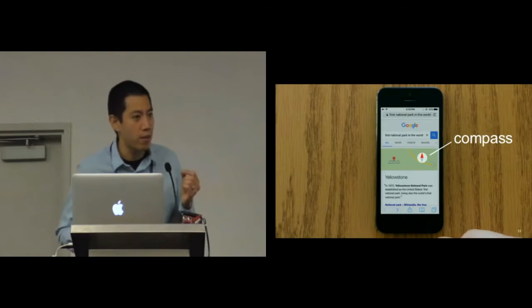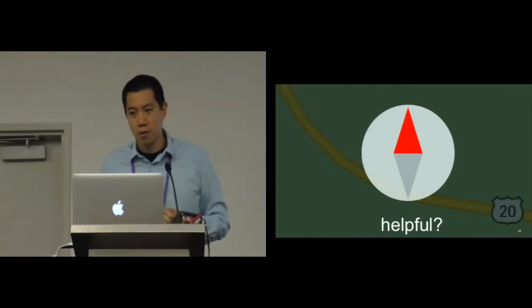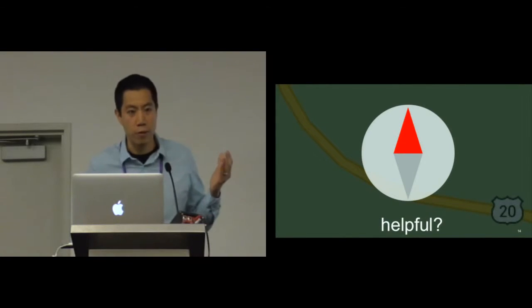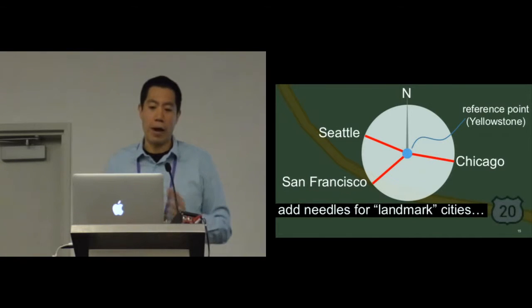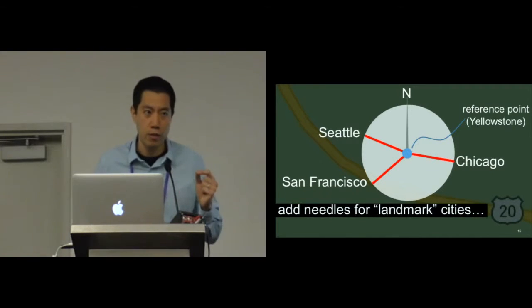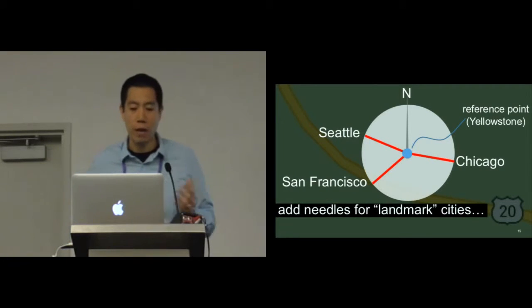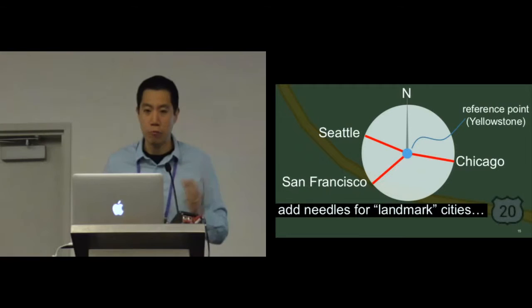To explain the idea, let me start with the compass we are all familiar with. A compass indicates the direction of north, but I guess it's not very helpful in this case. If we add needles to indicate the directions of several major U.S. cities with respect to the reference point, which is Yellowstone National Park in this case, we know Yellowstone is somewhere in between these 3 cities.